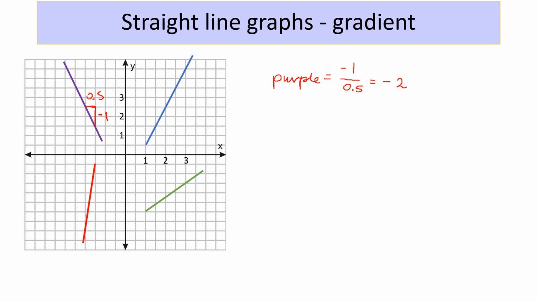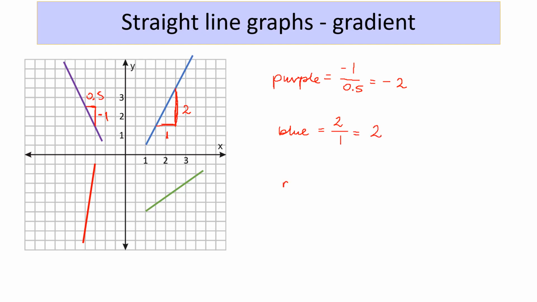Now for the blue line, I can draw a bigger one, let's say like this. So I have 2 squares, which is 1, and then 4 squares up, that counts as 2. Because look at the scale. So now the change in y is 2, the change in x is 1, so the gradient is 2.